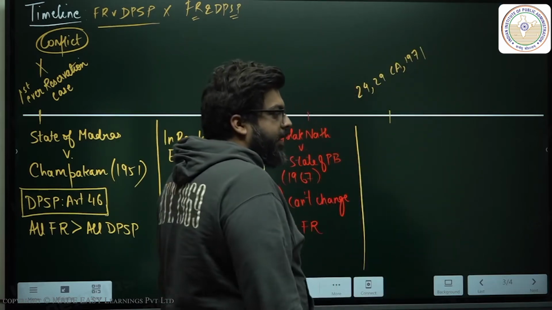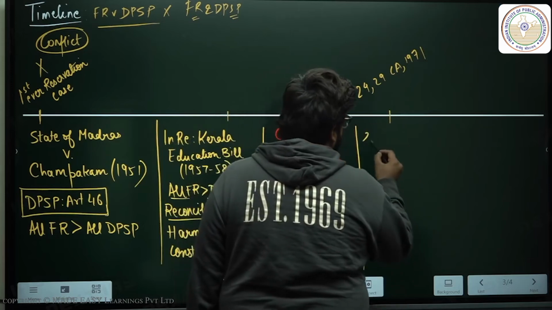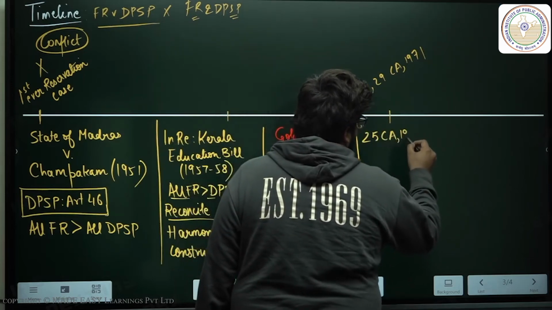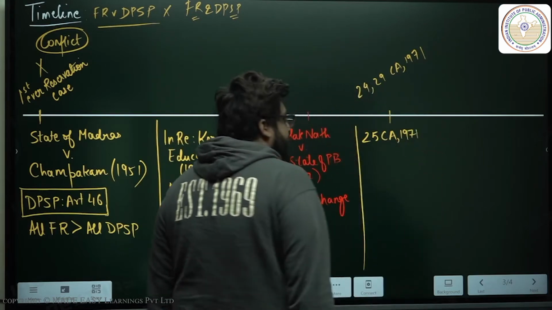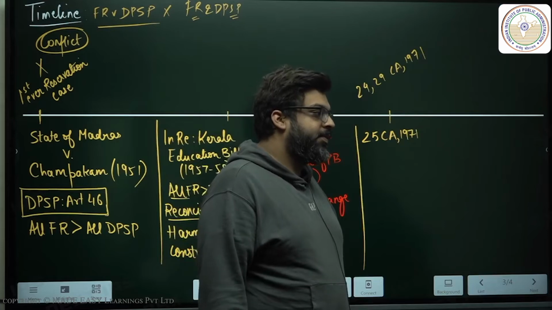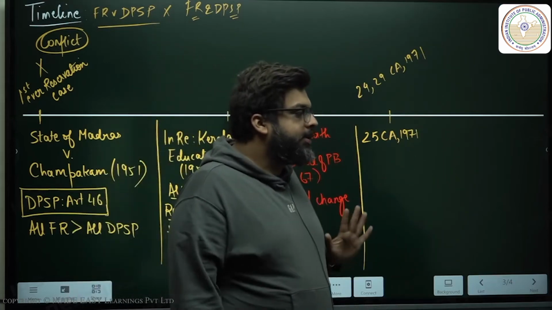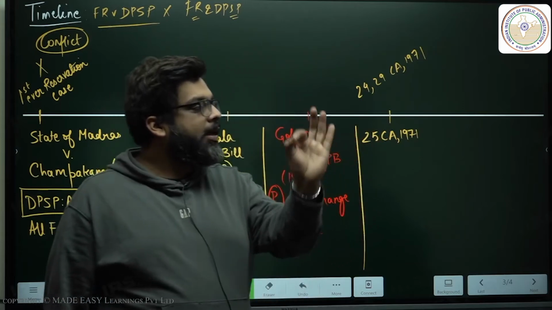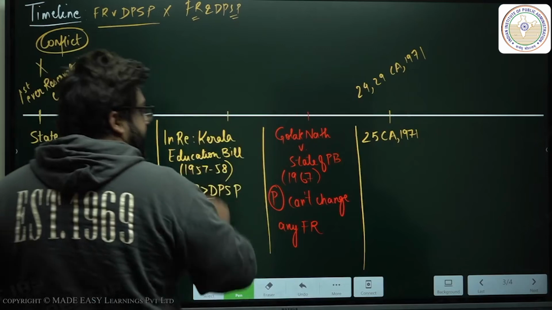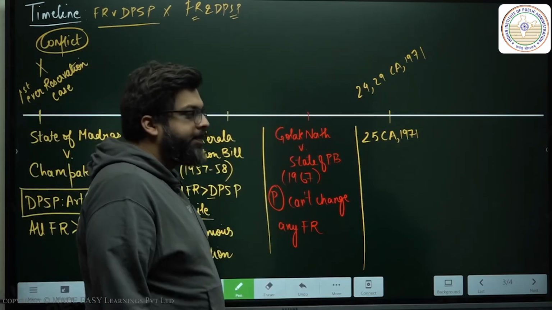Right? In the year 1971 itself, the government also passed the 25th Constitutional Amendment of 1971. And here, it was a masterstroke. It was a legal masterstroke. In this, they added a provision to Article 31.